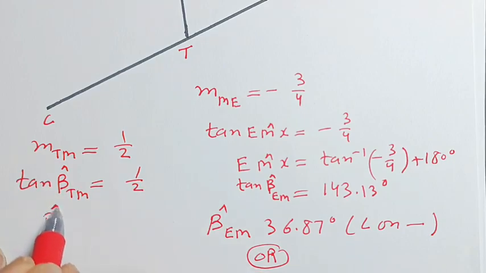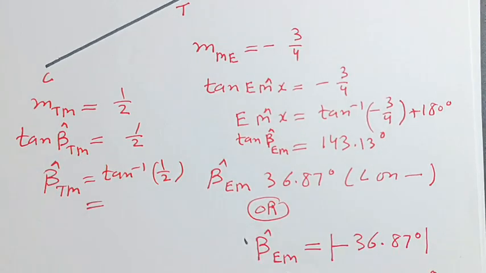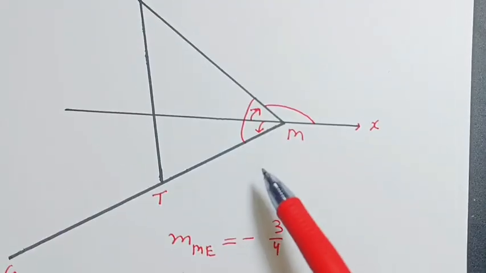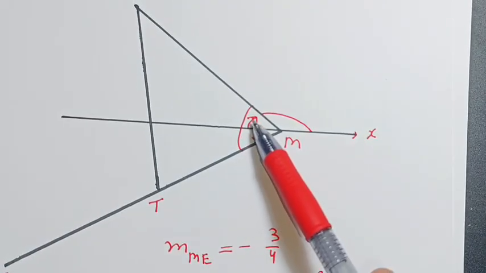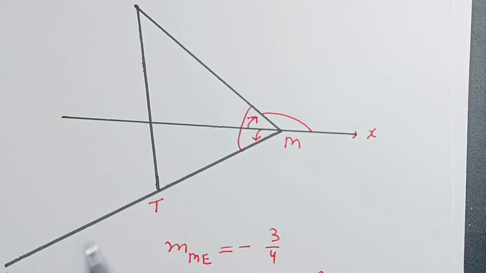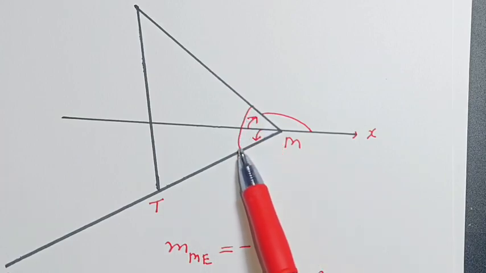So the angle beta TM is tan inverse of 1 over 2, and my answer is 26,57 degrees, right? So this is 26,57 degrees, and we have this one, 36,87 degrees. Then we add both of these, and that's the whole angle M.